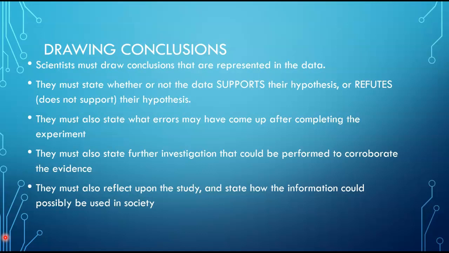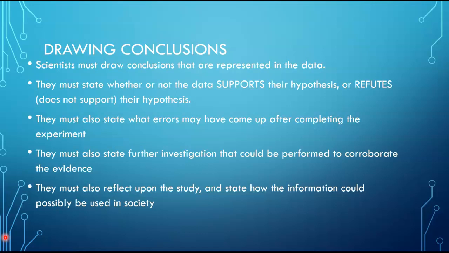And when I say corroborate, that means to back up, to come up with evidence that is the same or supporting the evidence that we found already. And they also must reflect upon what kinds of applications this information can be given to.